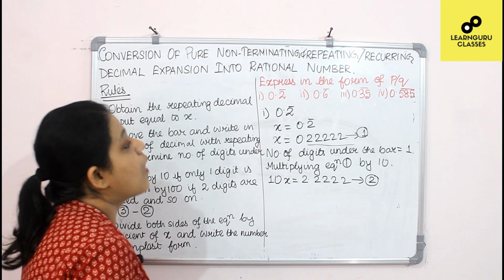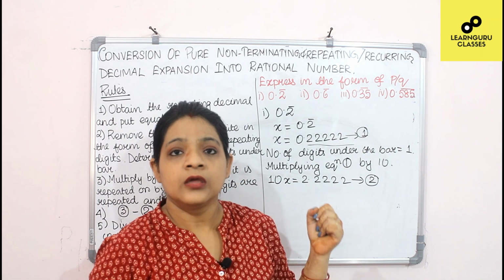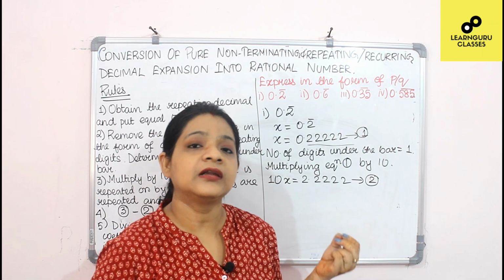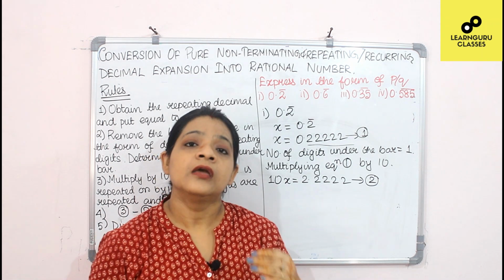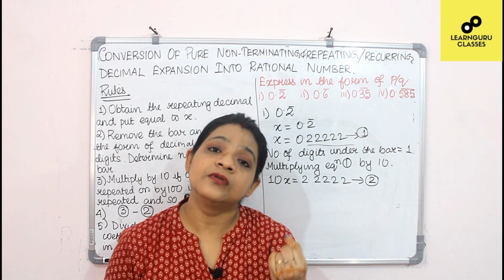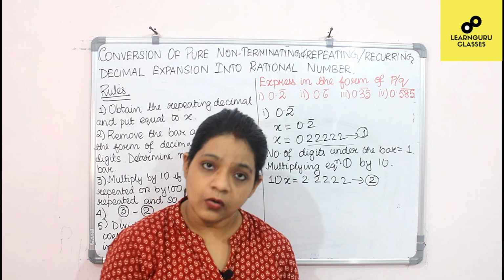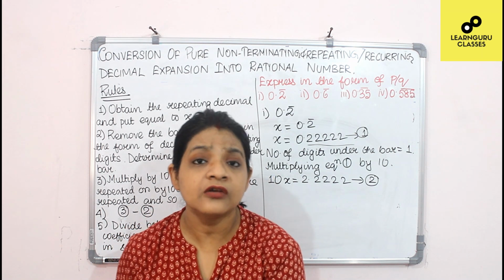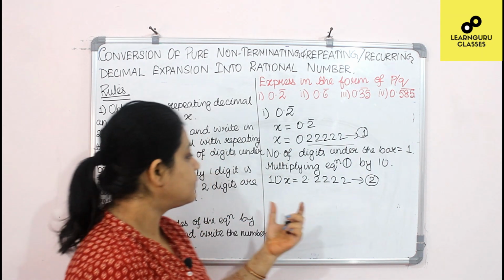Now what is your real motive for this sum? Your motive is to convert it into the form of p by q. That means you have to get rid of the digits after the decimal. So how can this be accomplished?